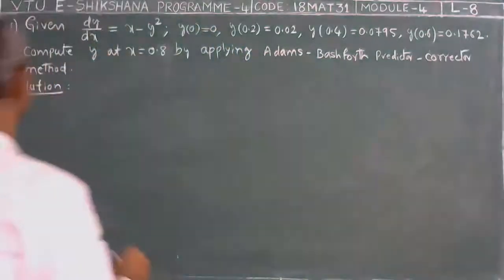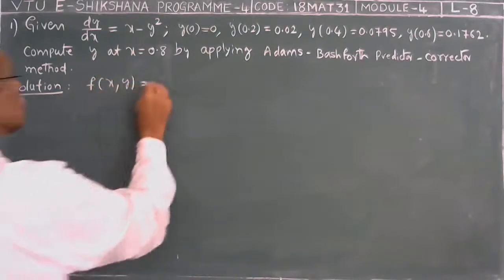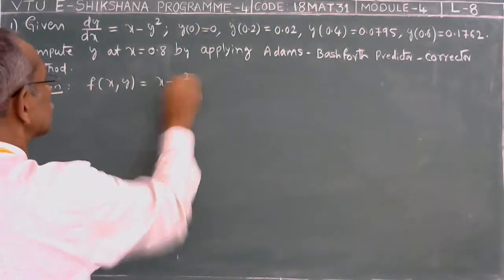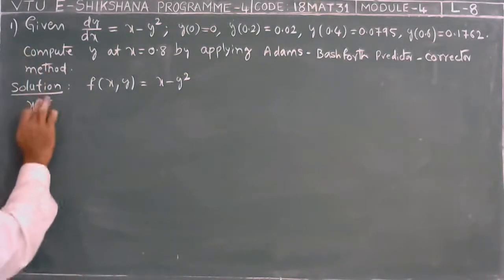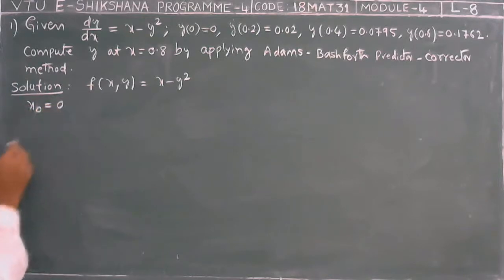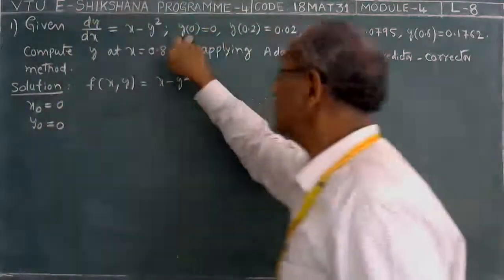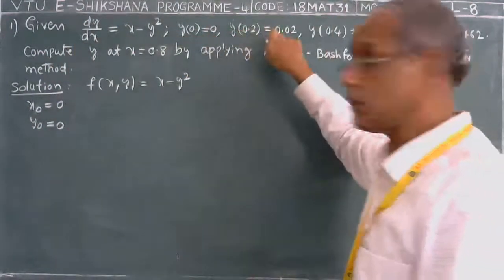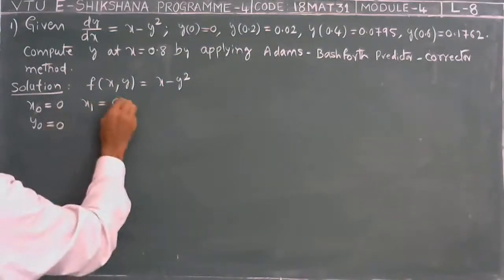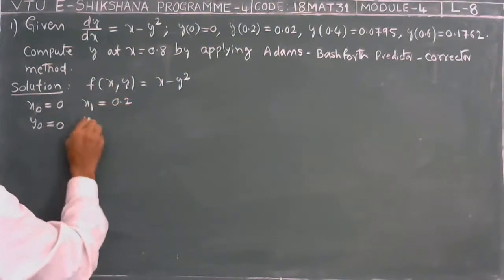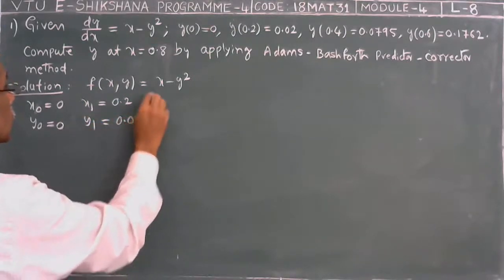problem. It is given that f of x comma y is equal to x minus y square. Then x0 is given to be 0, y0 is also 0. This is your x1, this is your y1. The next value x1 is 0.2, given value of y, that is y1, 0.02.